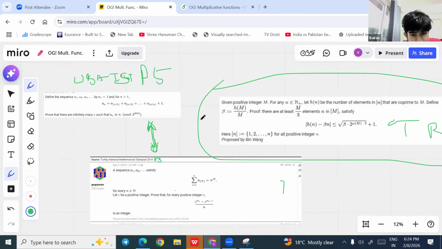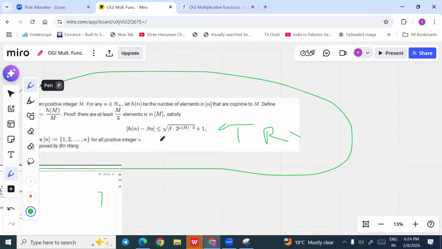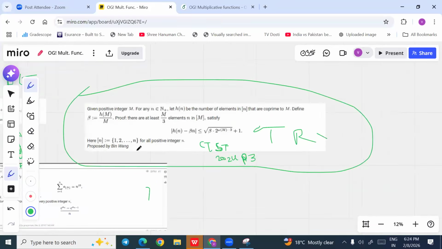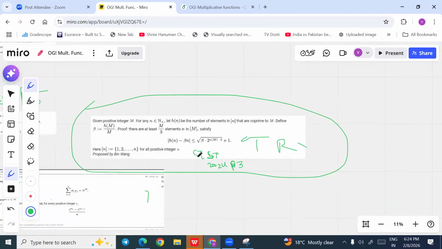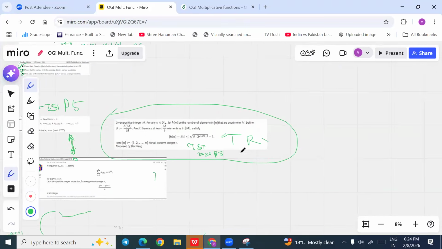Shall we do the China TST? Actually, this is the China TST, but this is a bit out of my league. I can't do this basically. This is 2024 P3 and this is known to be one of the hardest problems that has ever appeared on China TST. So I'm not old enough to actually do this. This is for the ones who just want to try a very hard problem and cope.